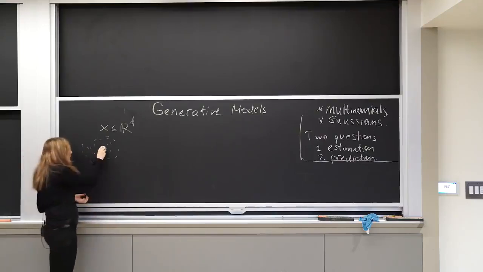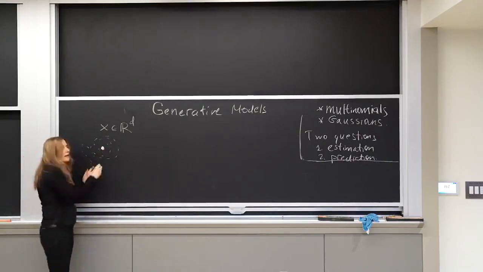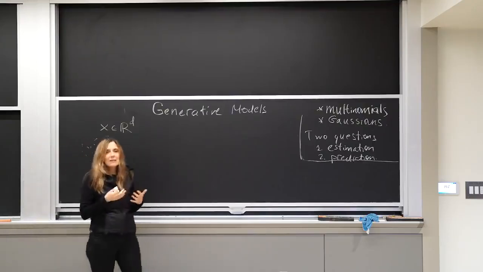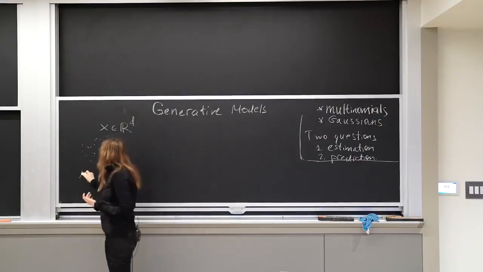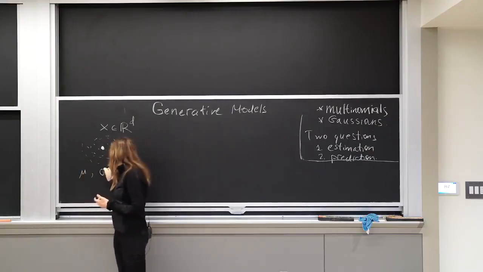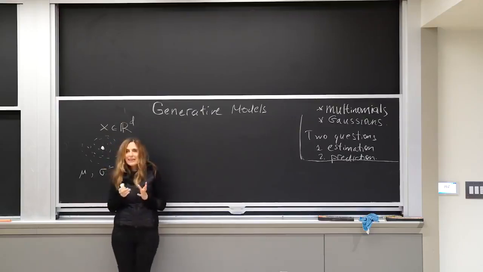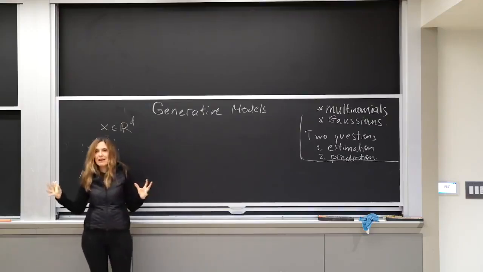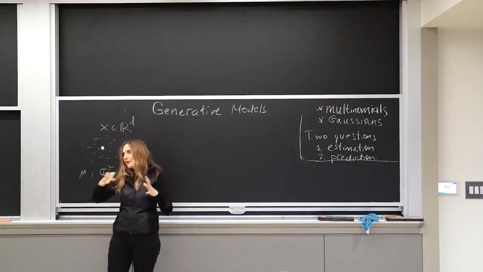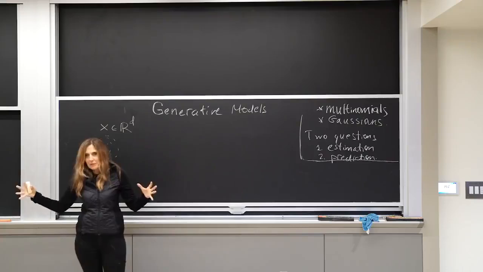The first parameter will be where is the center of this cloud, and we would call the center, the mean, as mu, okay? And then we will also have another parameter, which is called sigma square, which would look at how dispersed this cloud is. Is it really tight and very close to the center, or can the points be dispersed?